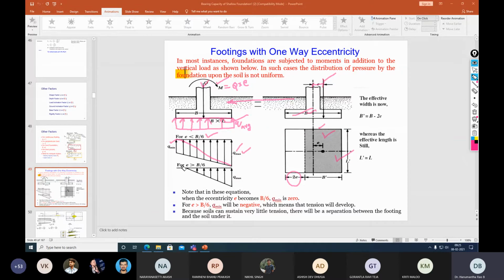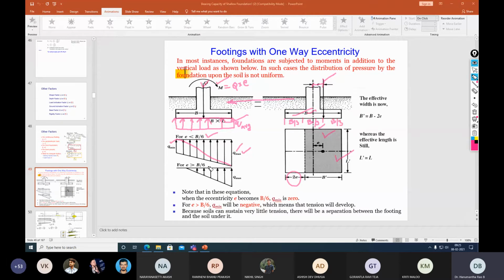That happens if the eccentricity exceeds B by 6, meaning that the location of the load is outside the central portion. Suppose this is the footing, and I am dividing this footing into three sections: this is B by 3, this is the central B by 3, and this is another B by 3.